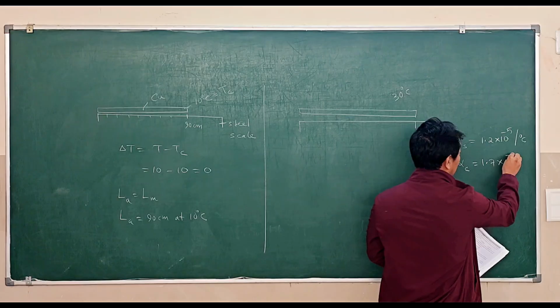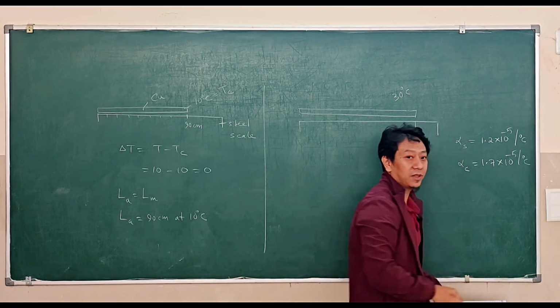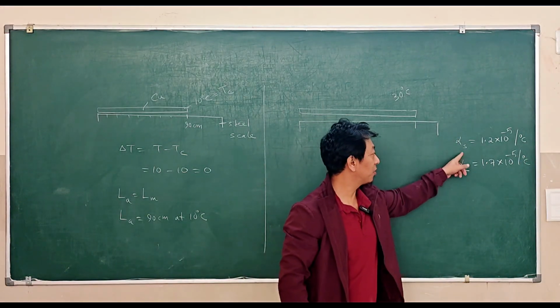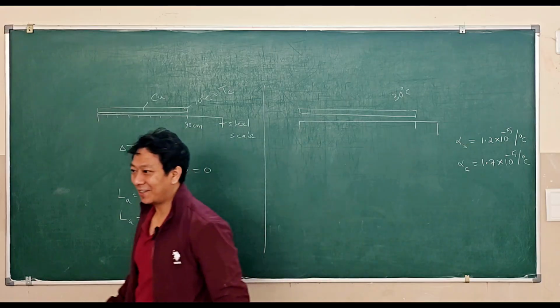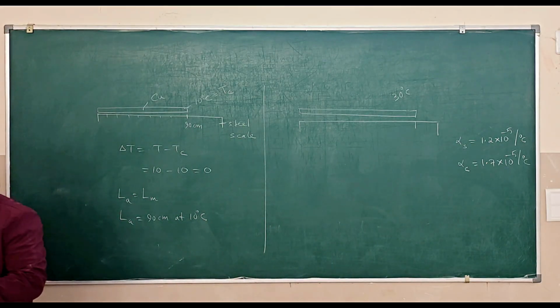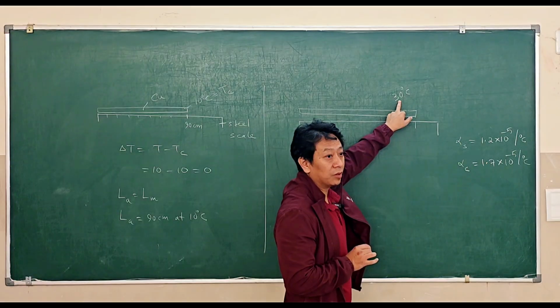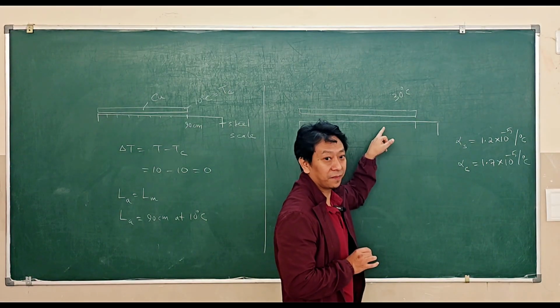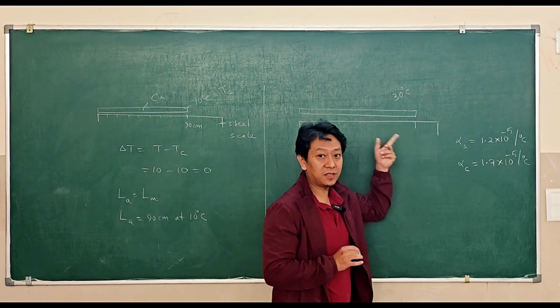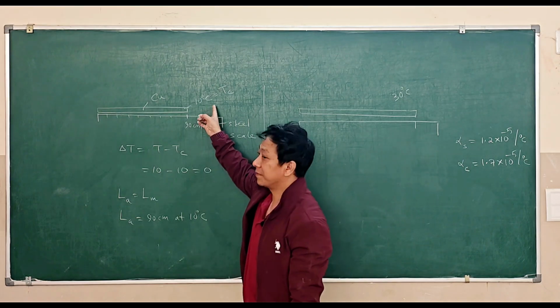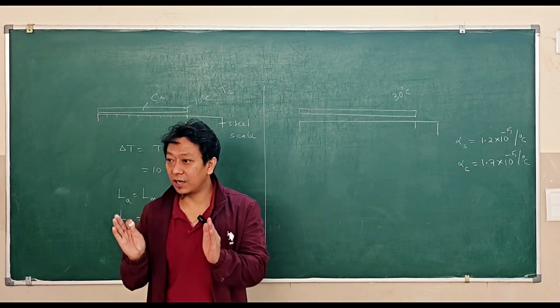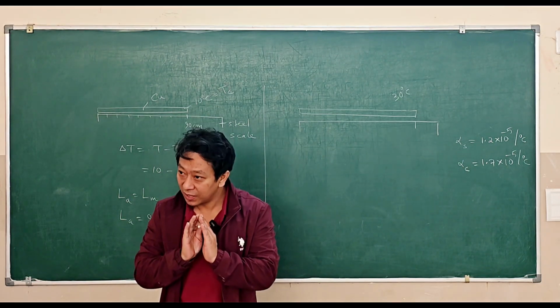From here at least one thing you came to know: copper expands more than steel for same change in temperature and initial length. Now the temperature at which you are doing measurement, is this the calibration temperature? No. So now measured length and actual length will not be same.